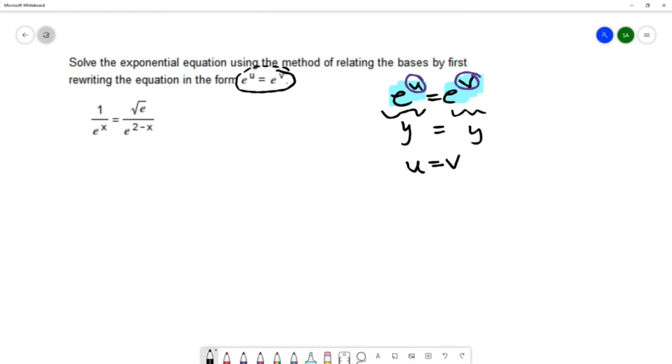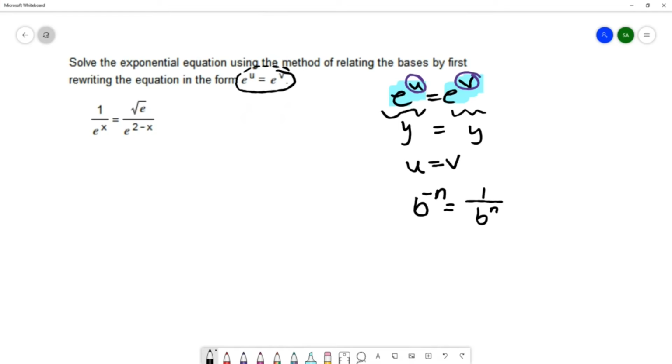When you have a base raised to a negative power, you can get rid of that negative power by writing this as 1 over b to the n. That's because that negative means reciprocal.